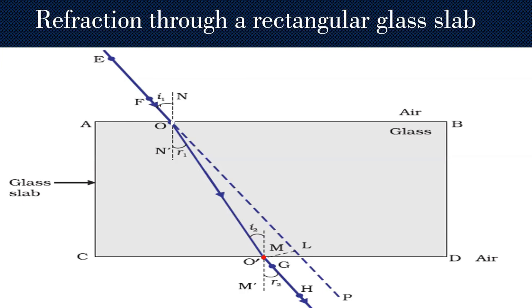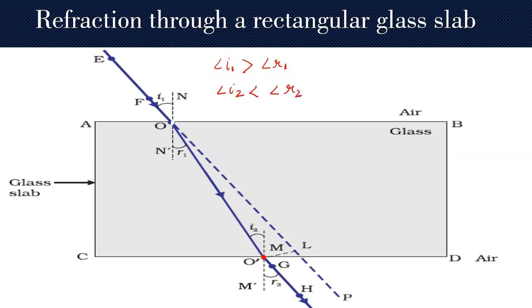Again over here, this is your angle of incidence I1, R1, I2, R2. We know that in the first case angle I1 is going to be greater than angle R1. In the second refraction, angle I2 is going to be less than angle R2.